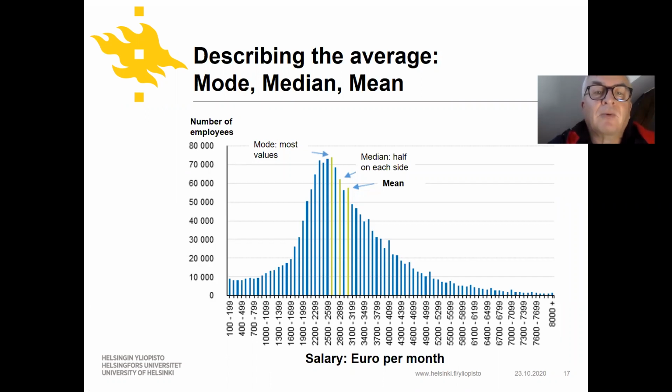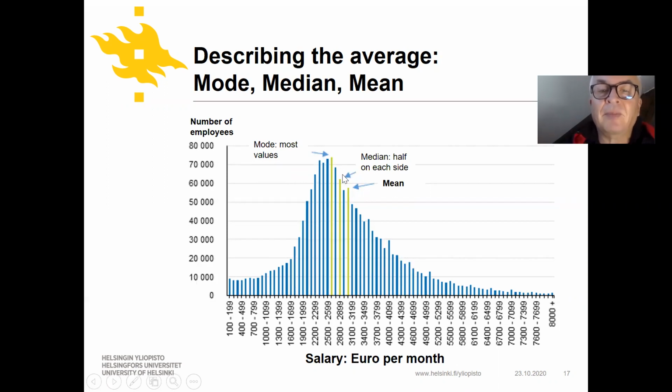The most basic one is the mode, which is the typical value, or the value that has the most representations. Most cases are of that value. That's the mode. You can see it here. Not a big difference, but slightly higher than others.